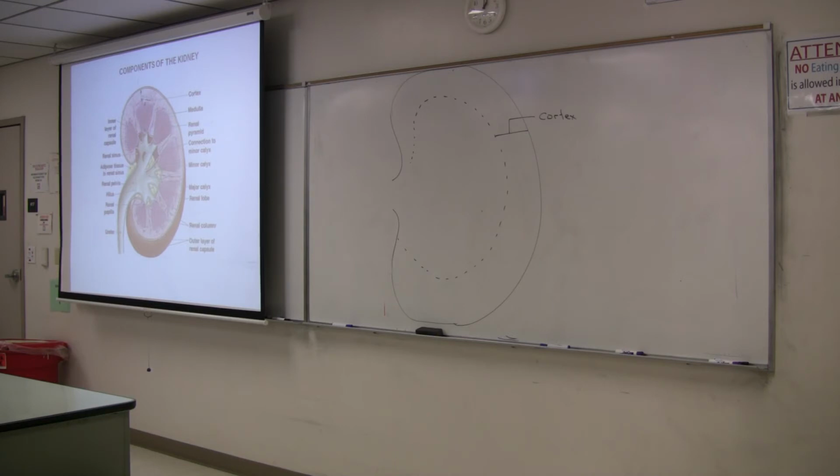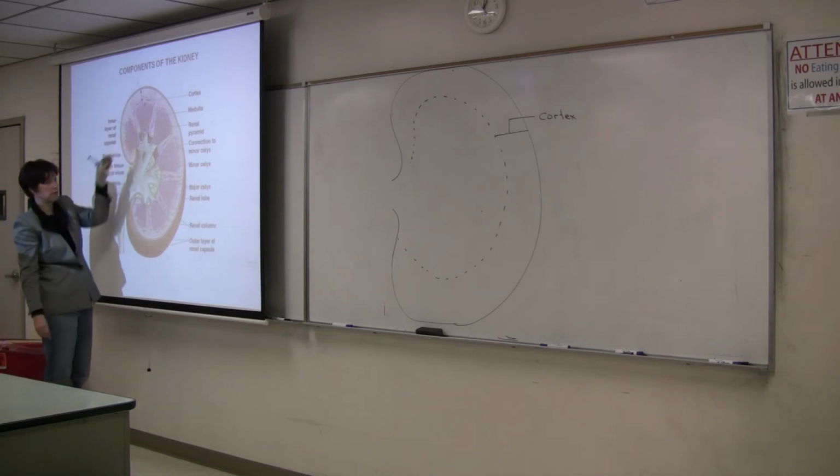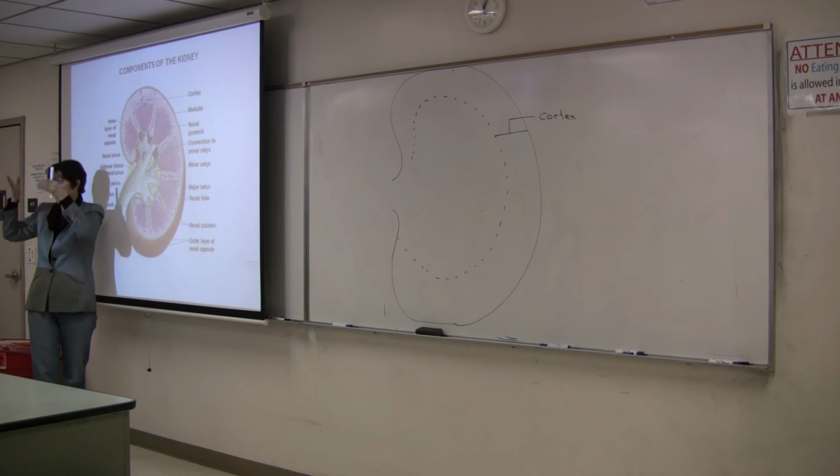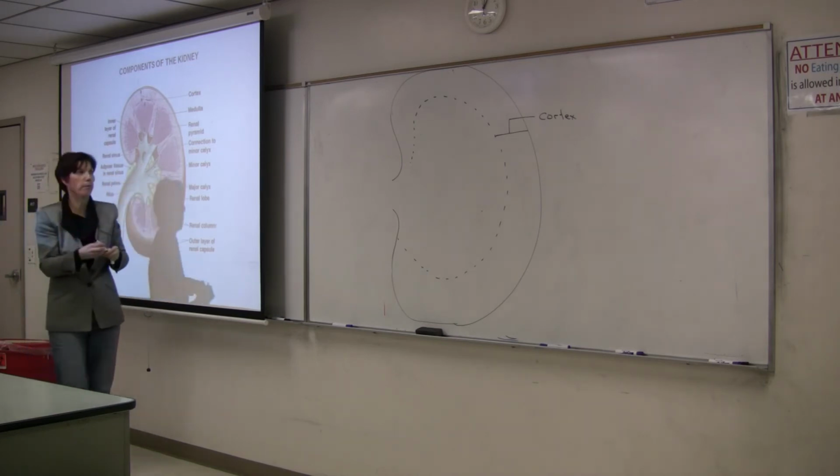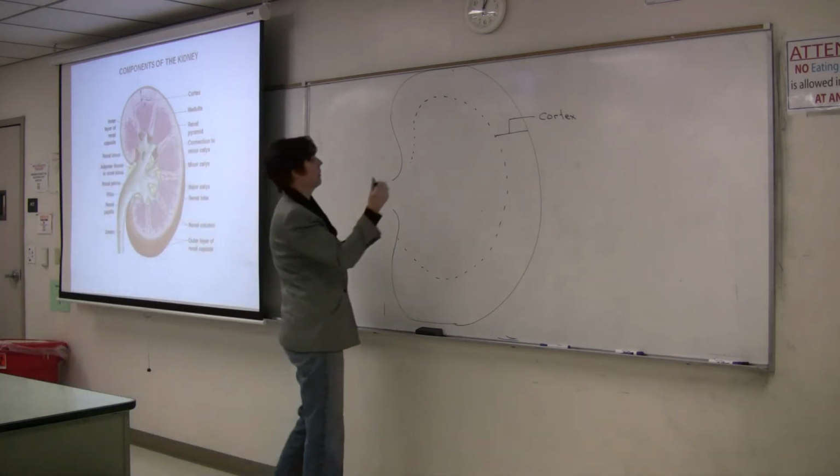And so this outer portion here is the cortex, and then these white structures here are the renal pyramids, or medullary pyramids. They have a striated appearance because the structures that form them are parallel structures. And you'll see that by the time we're done with lecture today.